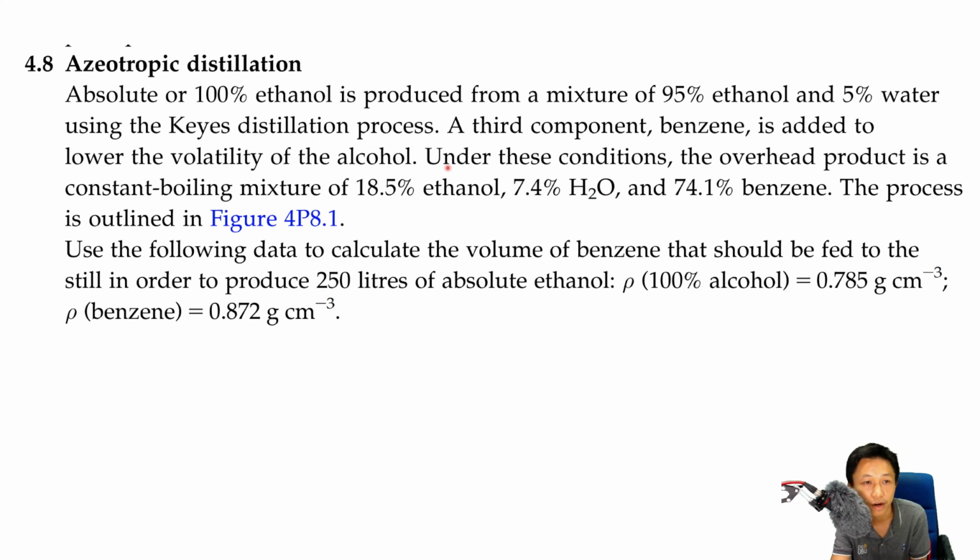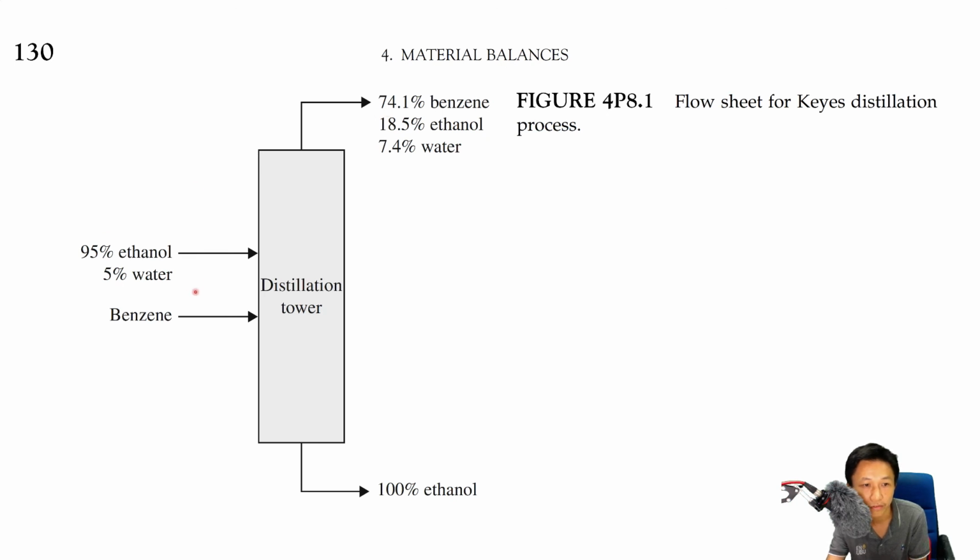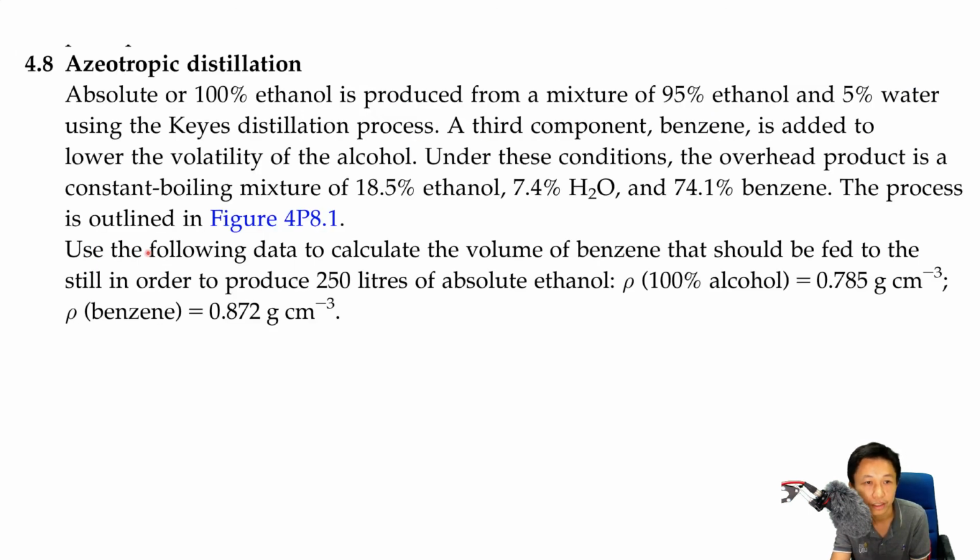This is what we try to mention about isotope distillation, because with a simple distillation without this benzene, you cannot produce 100% ethanol, for example. This is how we do it.